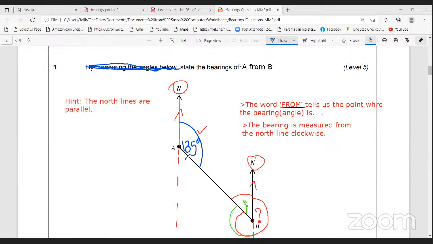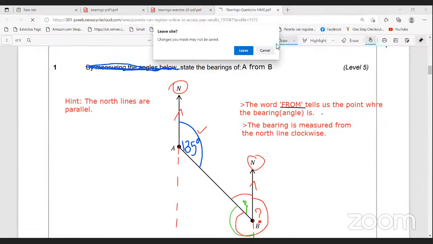What do we know about co-interior angles? Co-interior angles lie between two lines on the same side of a transversal. A little bit more, honey. Keep going, you're doing good so far.